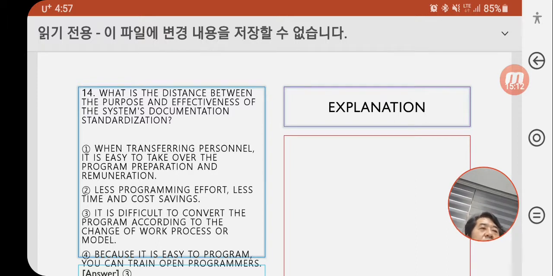Number two, less programming effort, less time and cost savings. Number three, it is difficult to convert the program according to the change of work process or model. Number four, because it is easy to program, you can train open programmers. The answer is number three.